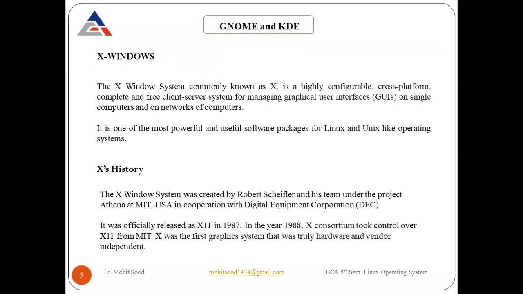First of all, what is X Windows and X history? On your screen, you see the X Windows system, commonly known as X, which is a highly configurable, cross-platform, complete, and free client-server system for managing graphical user interfaces on single computers and on networks of computers.